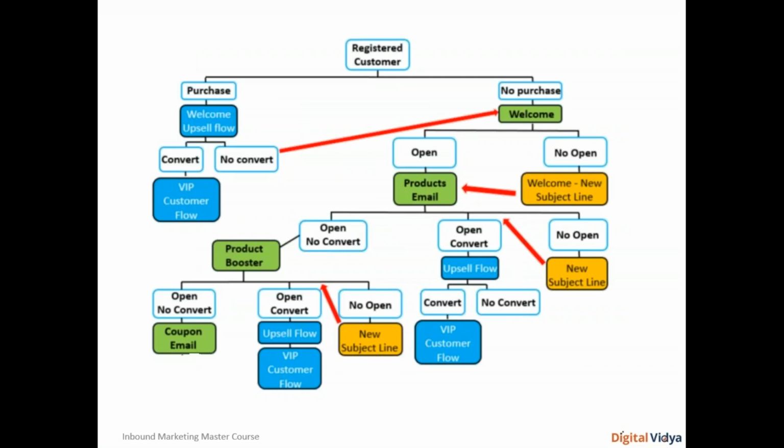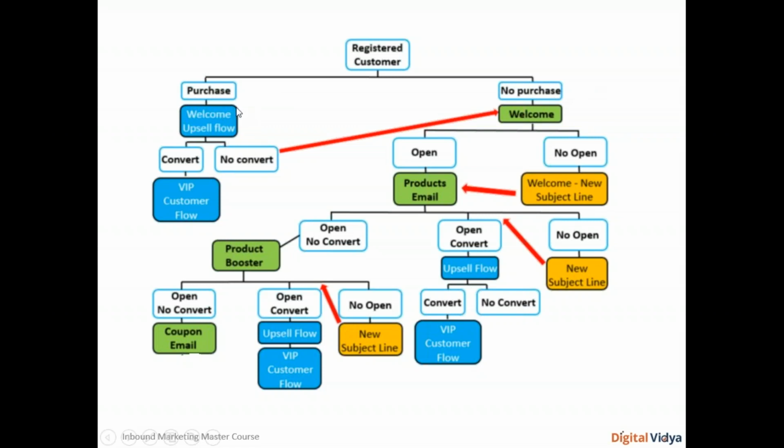So let's say in marketing automation, you have a registered customer database. You split that database into two parts: the people who have purchased from you and the people who have not purchased from you. The folks who have purchased from you, you subject them to a welcome upsell flow.